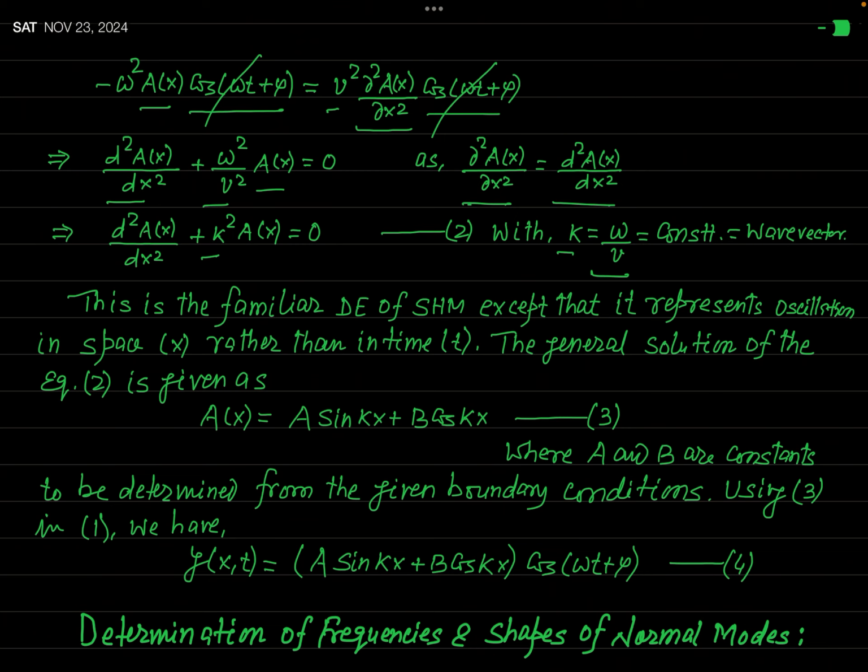Actually, as you have learned earlier too, this k has just been written in place of omega over v. And you know omega is a constant, v is also a constant if the rod is homogeneous and isotropic. So in the present situation we will simply say that k is a constant.